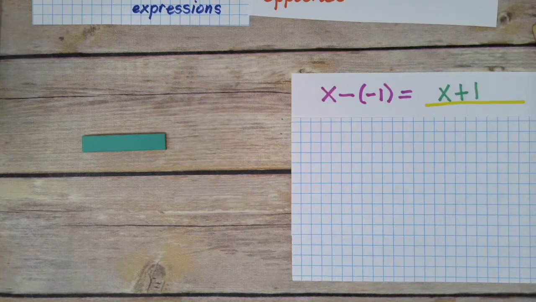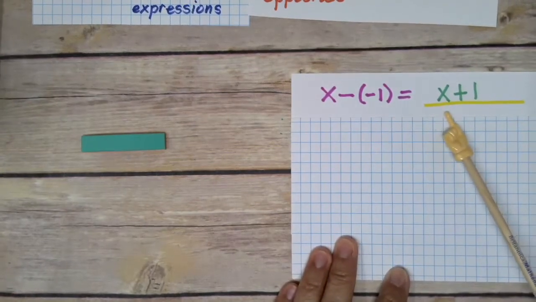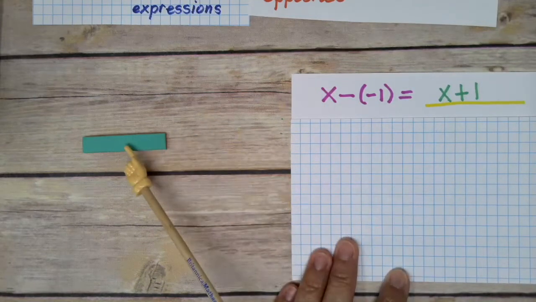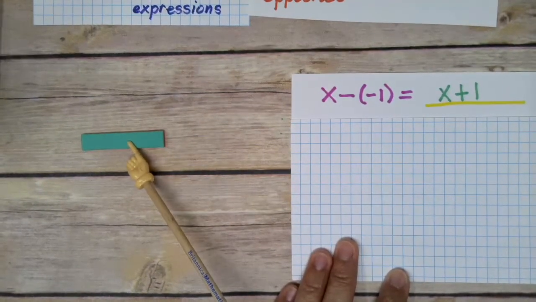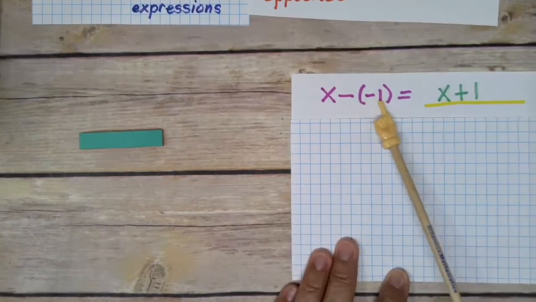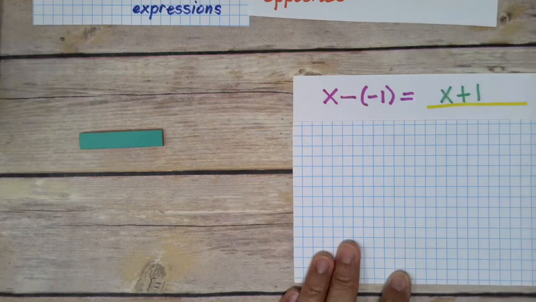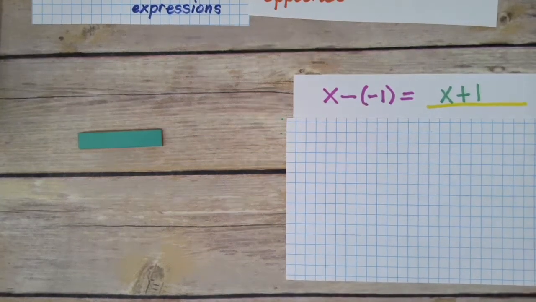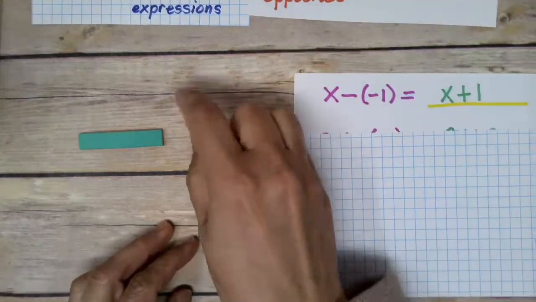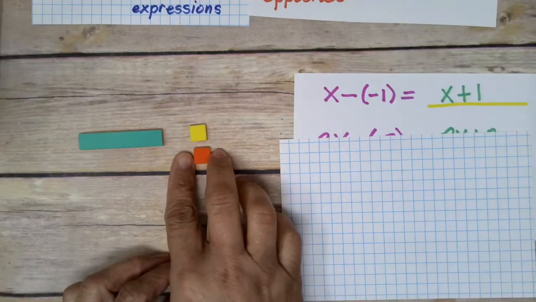How do we show that x minus negative 1 is equivalent to x plus 1 using algebra tiles? Let's start with this x rectangle representing x, and we need to take away negative 1. Since we do not have a tile representing negative 1, we need to bring in a zero pair, which is comprised of a yellow tile and an orange tile.